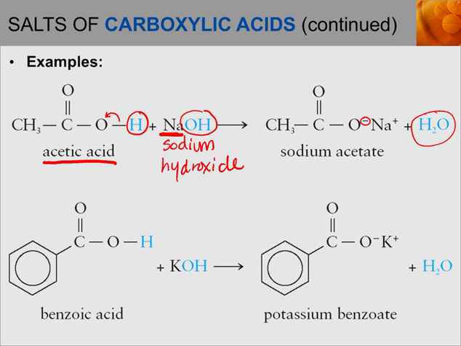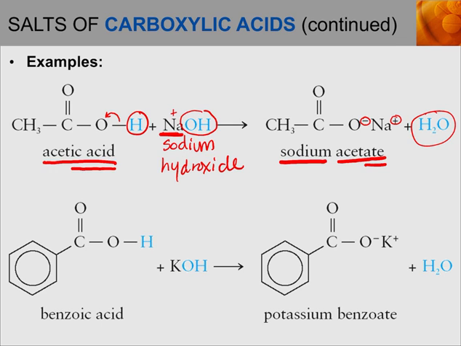And sodium's also left behind, and that's positively charged, so it teams up with the negatively charged ion. So the name of this product would be sodium acetate. So we changed ic acid to ate, sodium acetate.